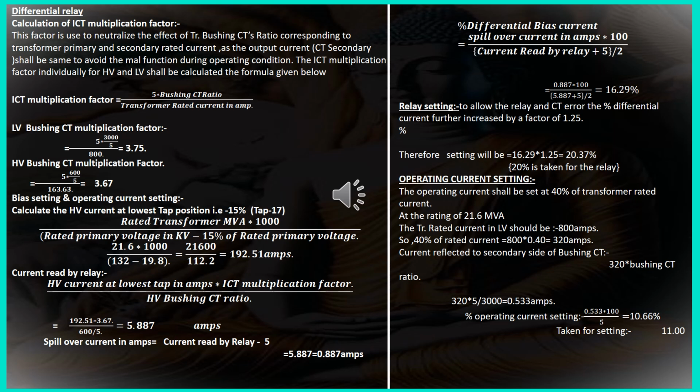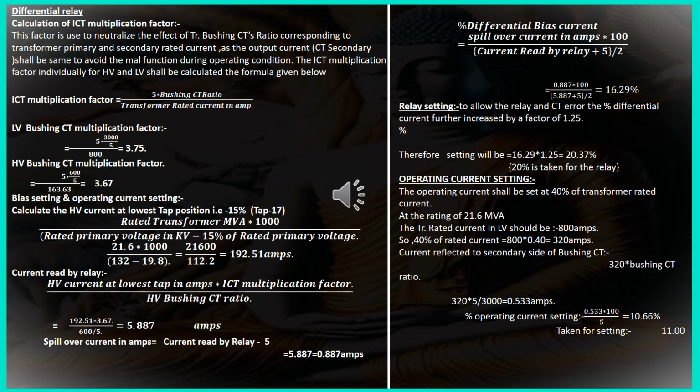Let's check. Now what they have done, you know, the bushing CT ratio is more. The question is why? It is more because it will reduce the current somewhat.